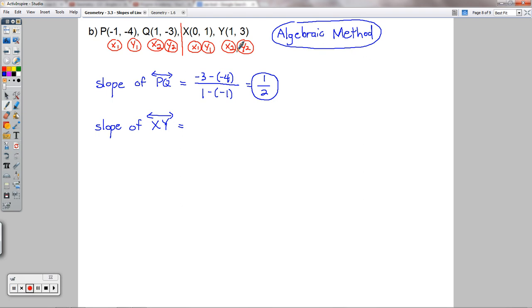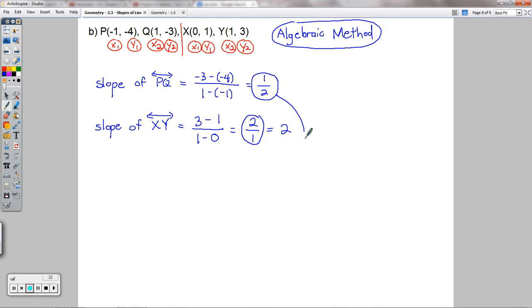The slope of XY would be 3 minus 1, y2 minus y1, over 1 minus 0, x2 minus x1. So this looks like it's 2 over 1, which would be the same thing as 2. However, I think this form is better when we're thinking about whether the slopes are parallel, perpendicular, or neither. So yes, it does equal -2 in the end.